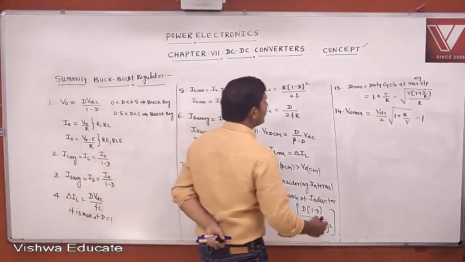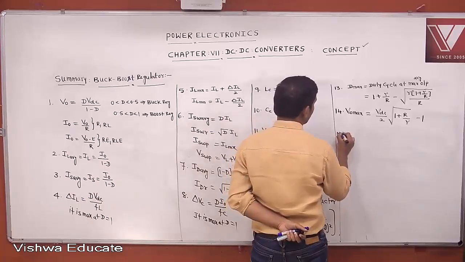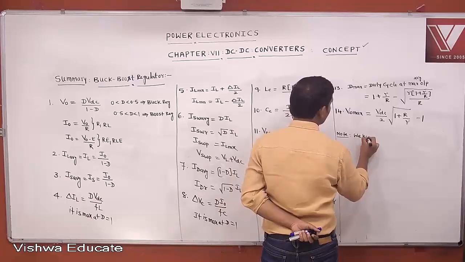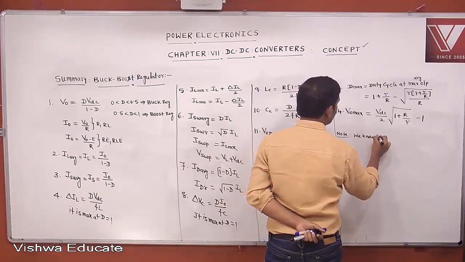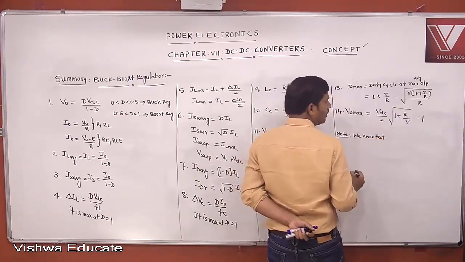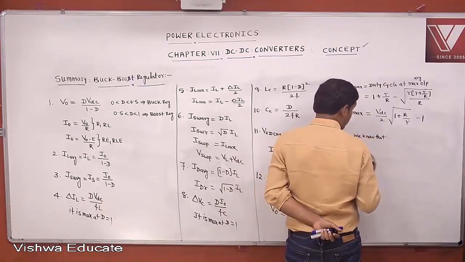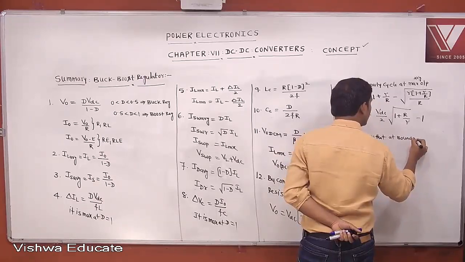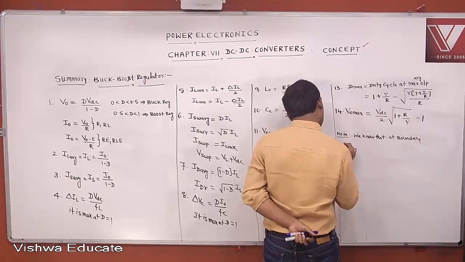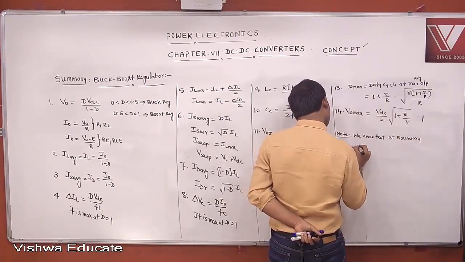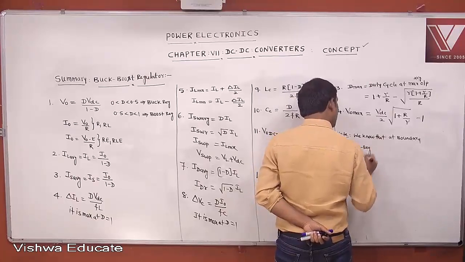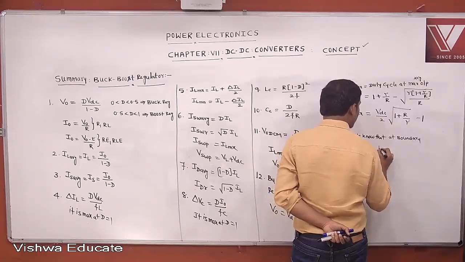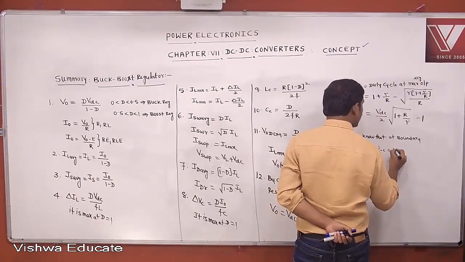Here I am giving one note. We know that at boundary in buck regulator, boundary means at critical, what is the critical inductance LC equal to?